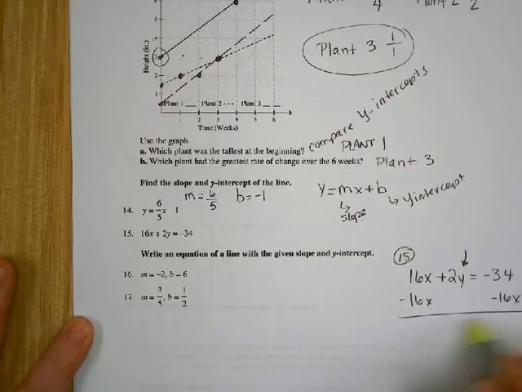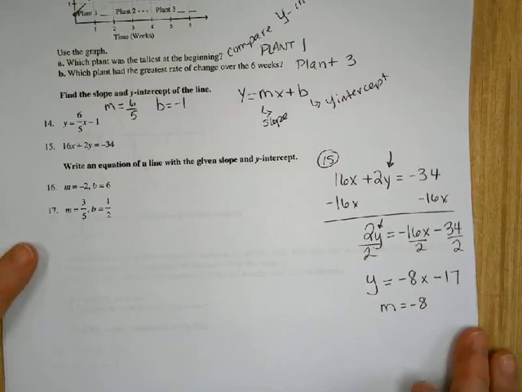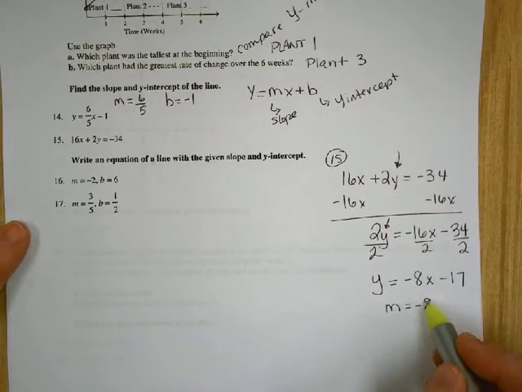So we have 2y equals negative 16x minus 34. Again, we're trying to get y isolated, so divide everything by 2. Y equals negative 8x minus 17. So in that case, m is negative 8, and b is negative 17.